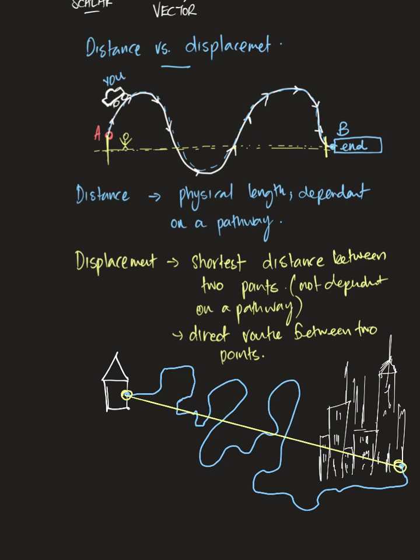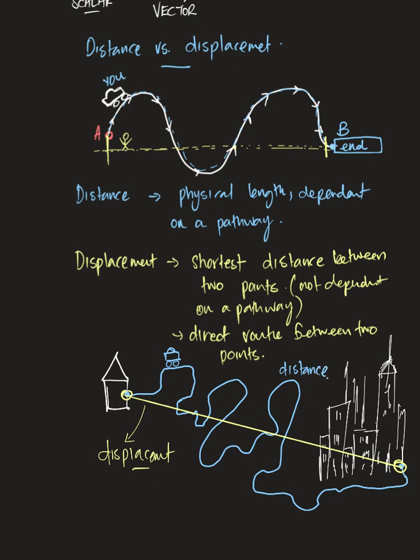And when I look at the difference here, the direct path that I went with the yellow line would be considered the displacement. And what I did with the car is I did a distance.